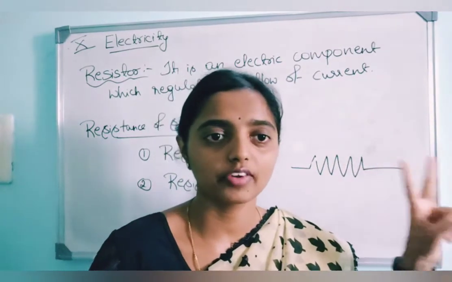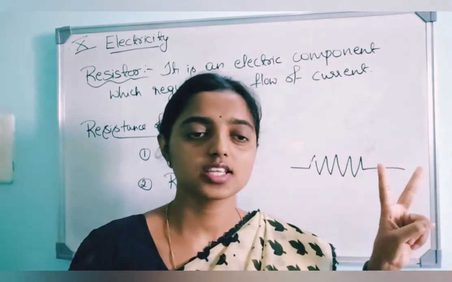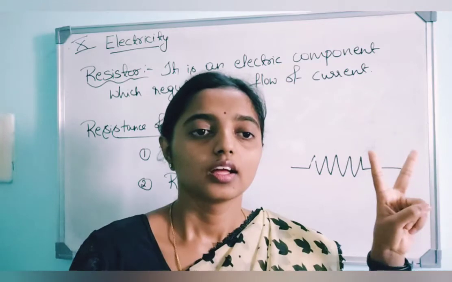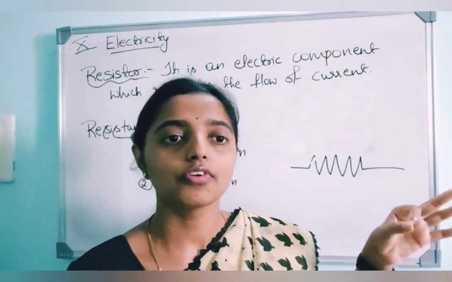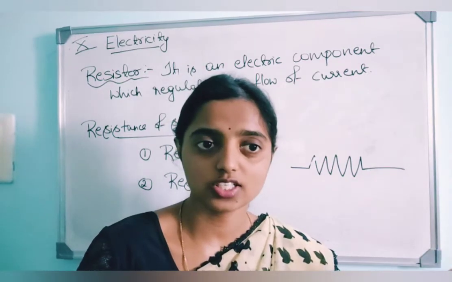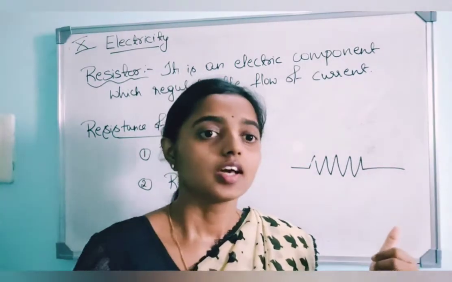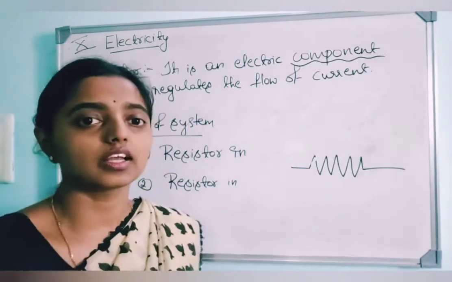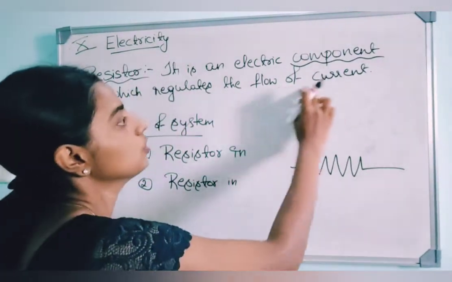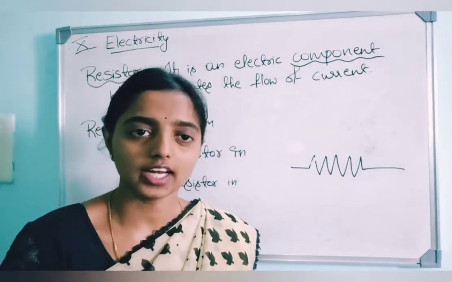Now you know how to write it. Resistance is what regulates or limits the flow of charges in an electric circuit. Resistor is a component or a material which has the property to regulate the flow of current.